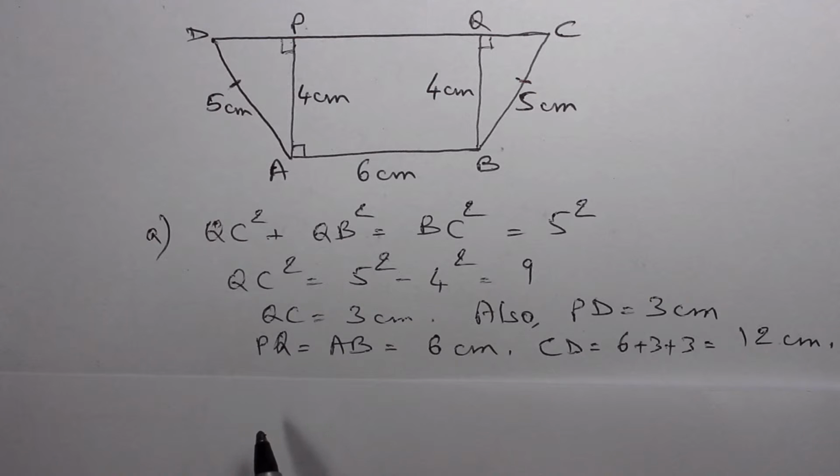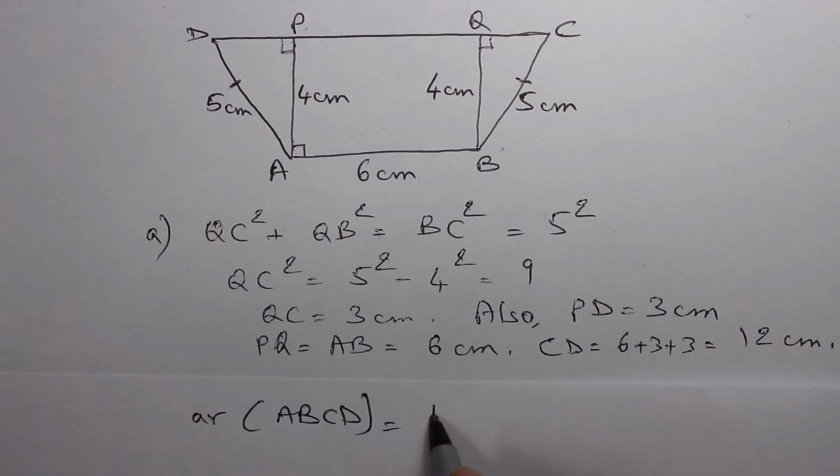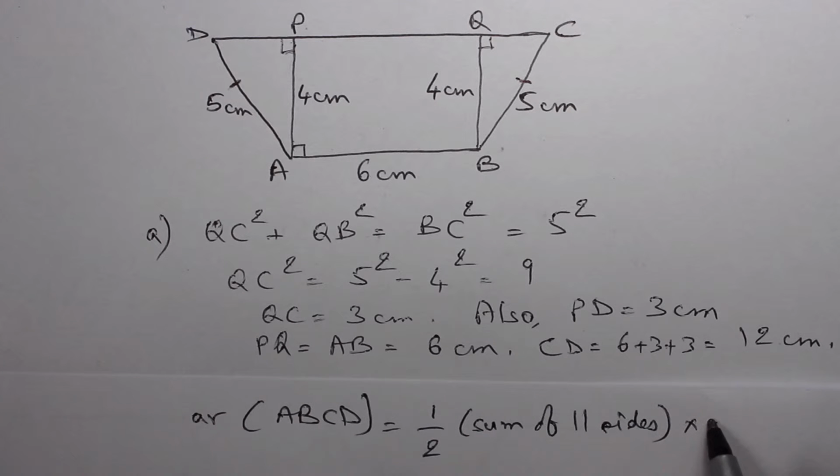For the second part, we need to find out the area of ABCD, which is the trapezium. It is half into sum of the parallel sides into the height, or the distance between them.